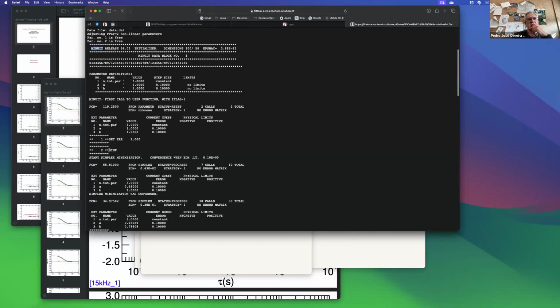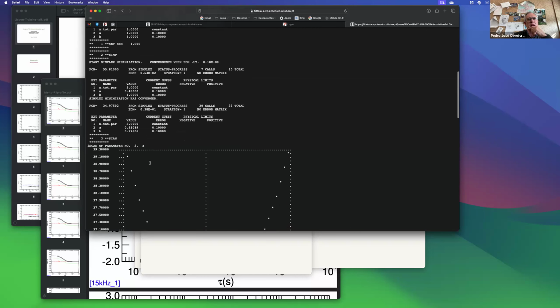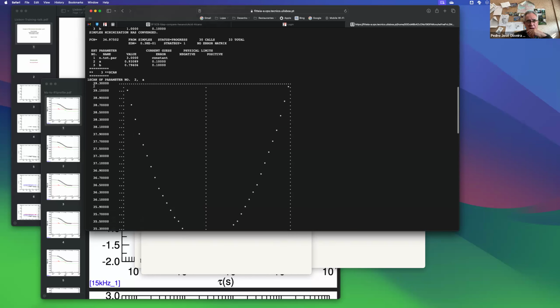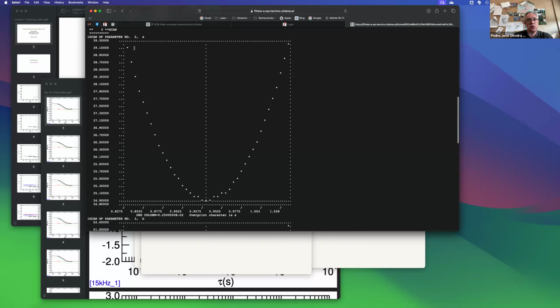It has this simplex method, it has a scan method, and this scan method is rather interesting because it shows how the chi-square, which is represented here in the vertical axis, changes with a given parameter. So here is how the chi-square changes with A. You see the chi-square goes down to a minimum, then goes up.